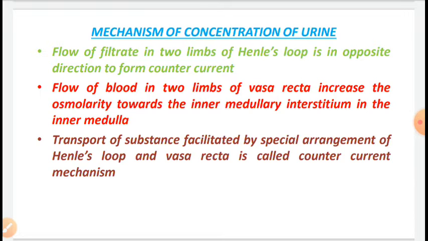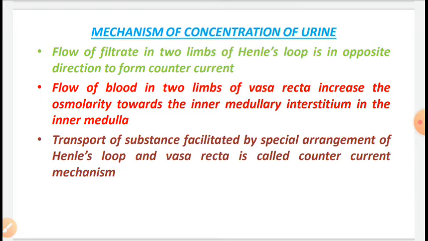Actually this mechanism helps in maintaining the concentration gradient in the medullary interstitium. Presence of such an interstitial gradient helps in easy passage of water from the collecting tubule and thereby concentrating the filtrate. It means we can also say urine.